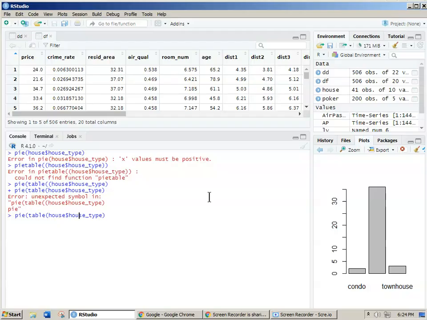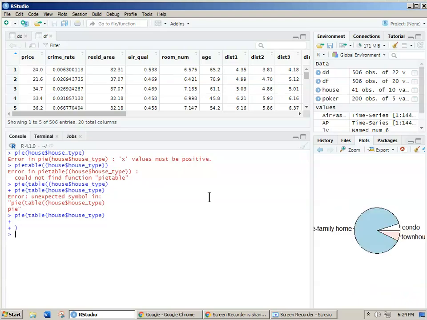Yeah, I got everything right. Not sure what we did wrong. We're missing something here. Oh, I think we're missing that. Okay, yeah.